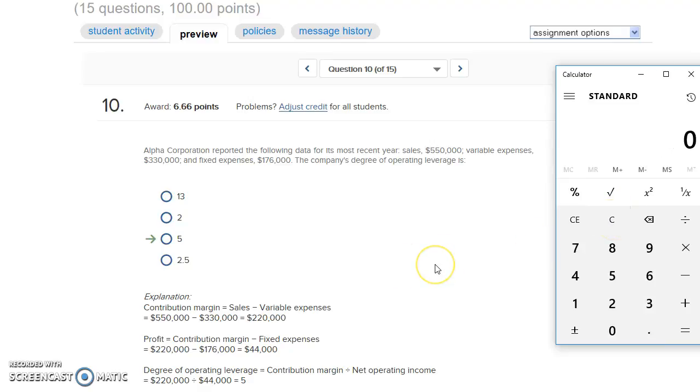And then your profit is just going to be your contribution margin minus your fixed expenses. So contribution margin of $220,000 minus your fixed expenses of $176,000. So profit is $44,000. So I'm going to take 220,000 divided by 44,000. So my operating leverage is going to be 5 here.